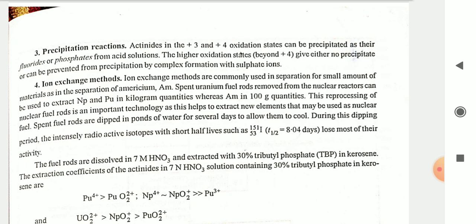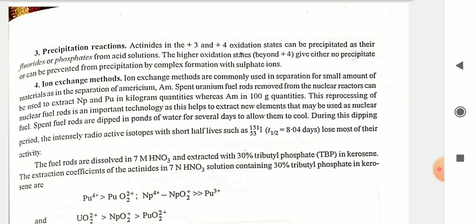The fuel rods are dissolved in 7M HNO3 and extracted with 30% tributyl phosphate in kerosene. The extraction coefficients of the actinides in 7M HNO3 solution containing 30% tributyl phosphate in kerosene are Pu4+ greater than PuO2 2+, Np4+ nearly equal to NpO2+ greater than Pu3+, and UO2 2+ greater than NpO2+ greater than PuO2 2+.